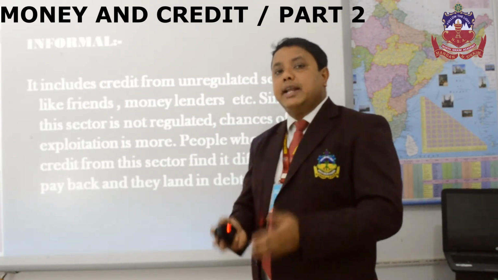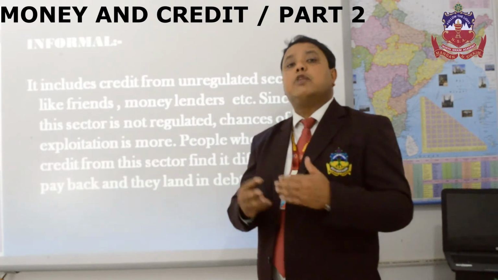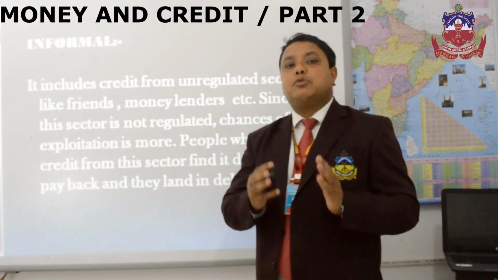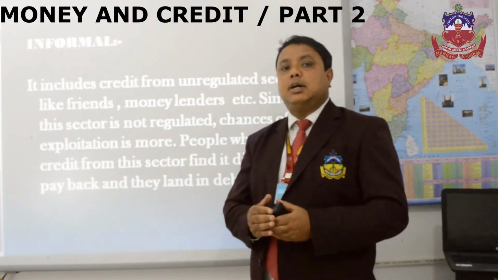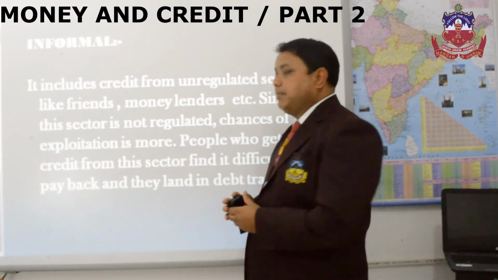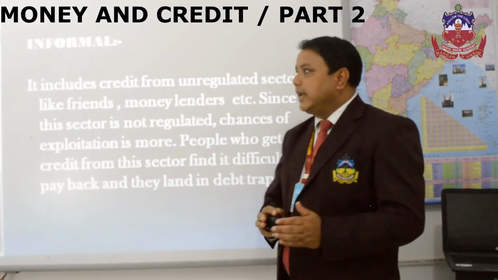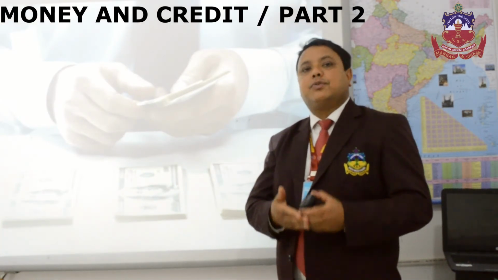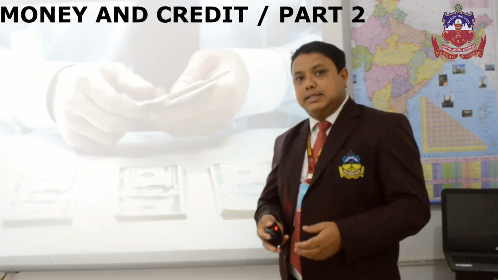However, in countries like India, we usually get credit from the informal sector, and because of that the people have to pay more interest and they are not able to come out of the situation of debt trap. We can see here informal sector credit, which we have understood that we can get from money lenders or from friends.